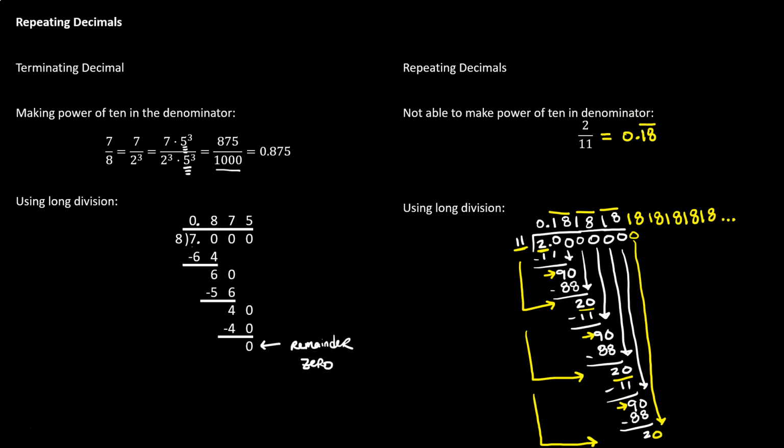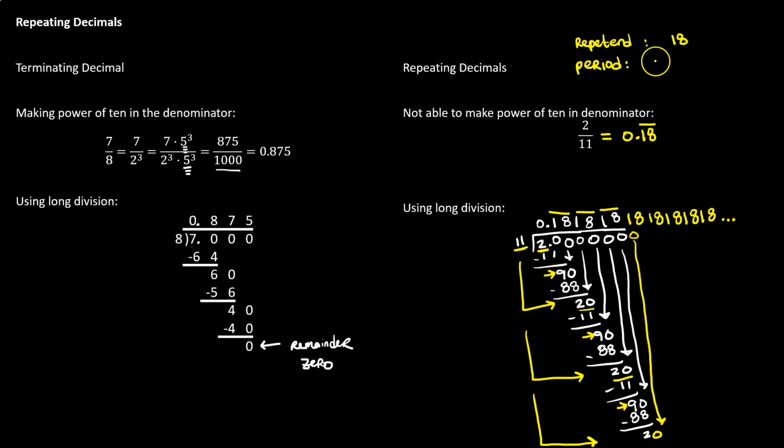Drawing a bar over both digits 1 and 8 tells the reader that it's the 1/8 that will repeat in the pattern. We call that the repetend. So in this case, we have a repetend that looks like 1/8. And then the period is how many digits are in the repetend.